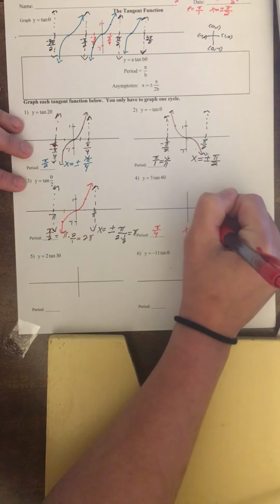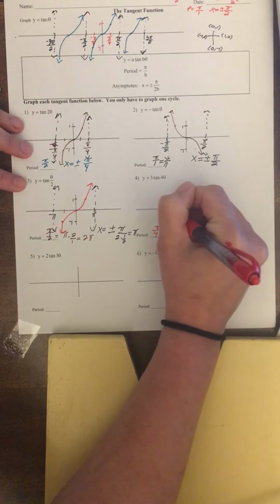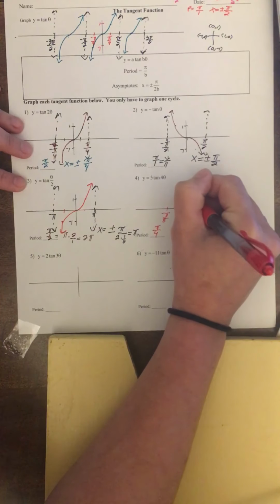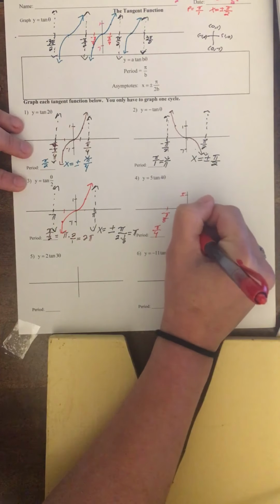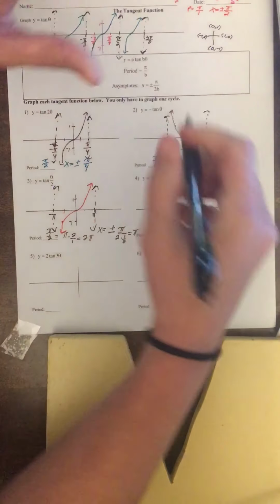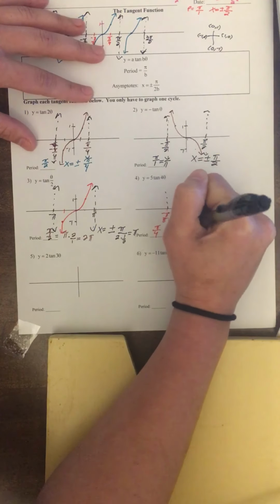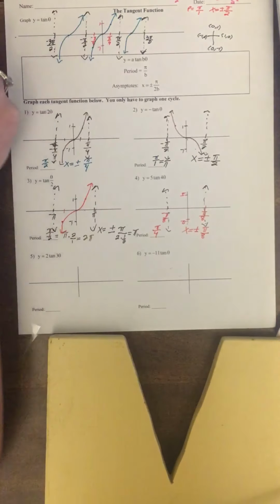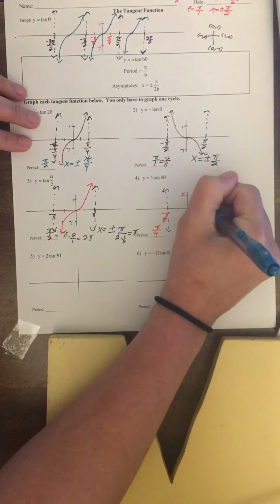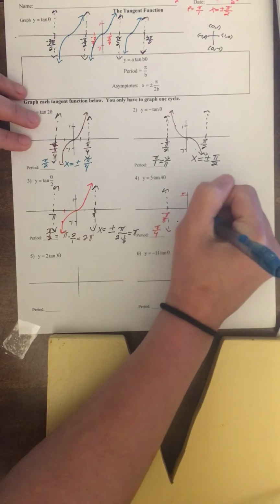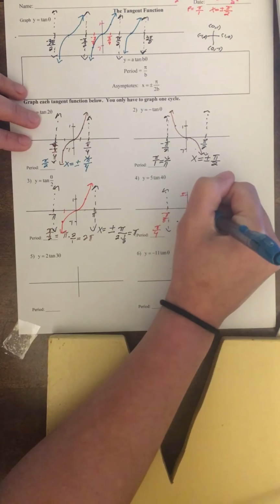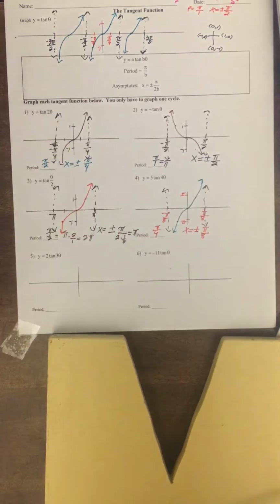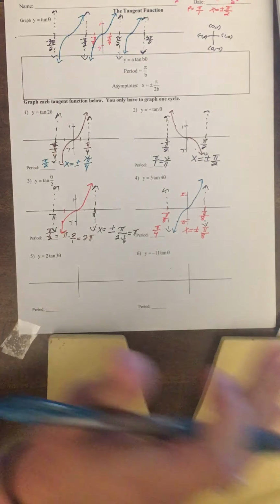So we'll just have pi over 8 here, negative pi over 8. 5, negative 5. And we can just sketch our graph halfway. Okay, so let's look on the back.